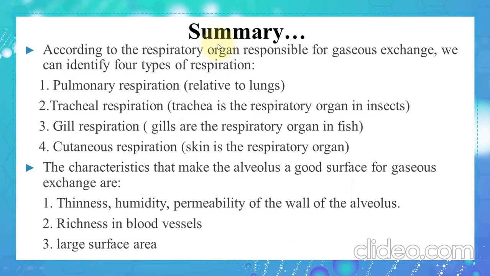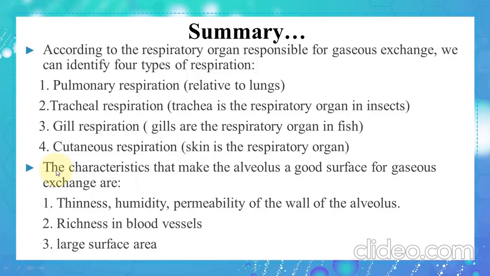As a summary, according to the respiratory organ responsible for gas exchange, we can identify 4 types of respiration. Pulmonary respiration relative to lungs, tracheal respiration, where the trachea is the respiratory organ, gill respiration, where the gills are the respiratory organs, cutaneous respiration, where the skin is the respiratory organ.